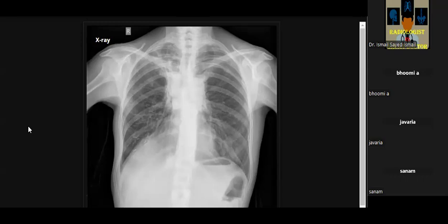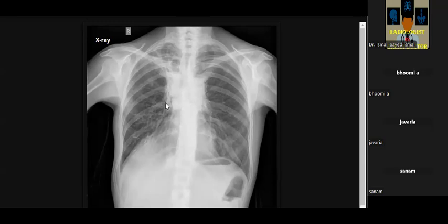There is also upward pull of the right hilar shadow. I can see fibrotic opacities, with a non-anatomical, well-defined lateral border. Is this an anatomical structure? No, it's relatively very well defined.